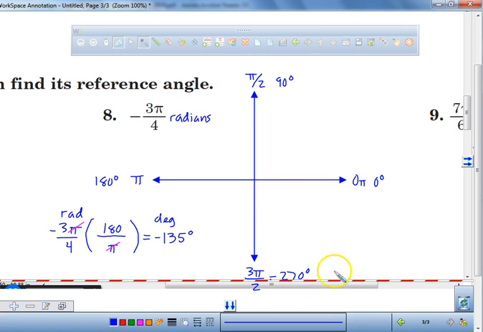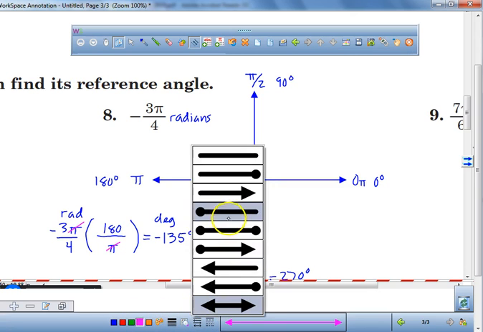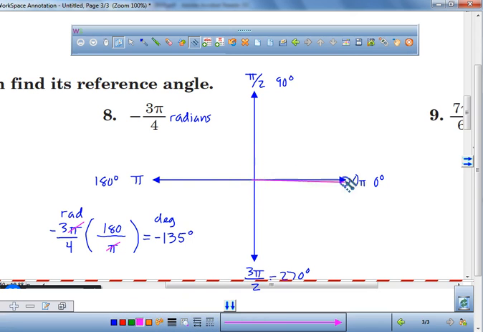So how would I sketch negative? We got to go backwards, right? Which means we're going actually not counterclockwise. We're going to be going clockwise. So here we go. Standard position, still right here. That's where we're starting. But now we're not going to go counterclockwise. We're not going to go in a positive direction. Where are we going to go? We're going to go in a negative direction. Let's go. Hold on. Back up here.